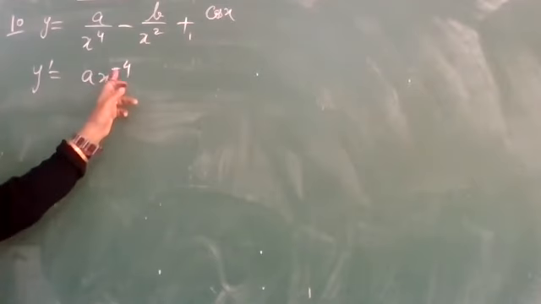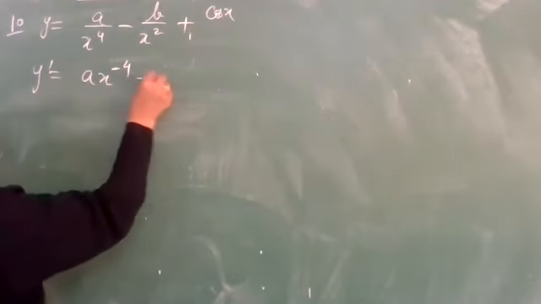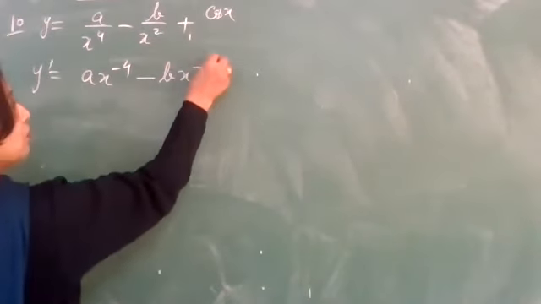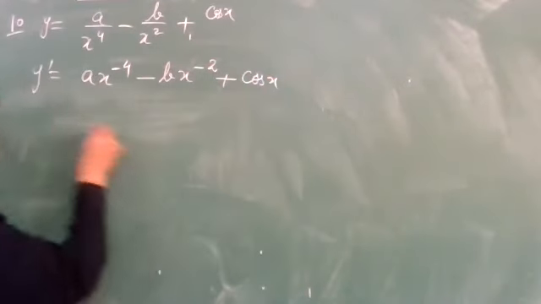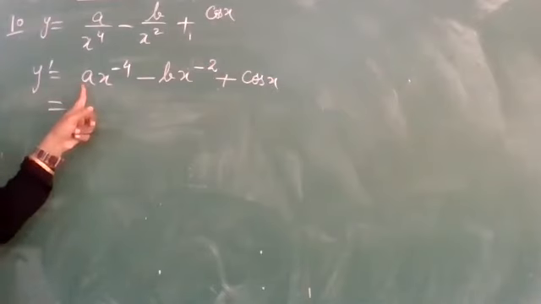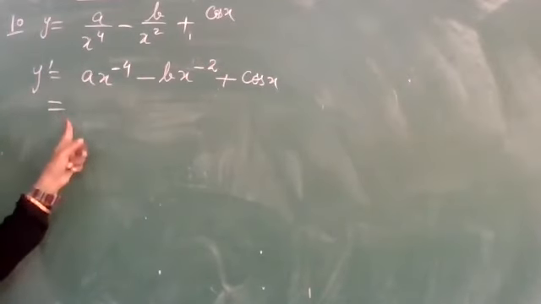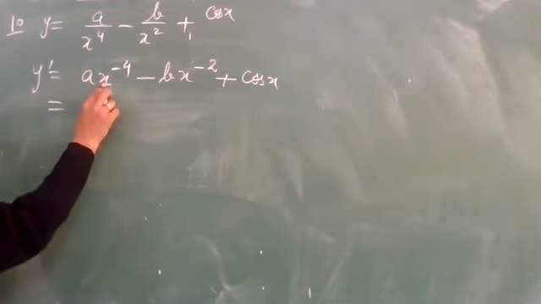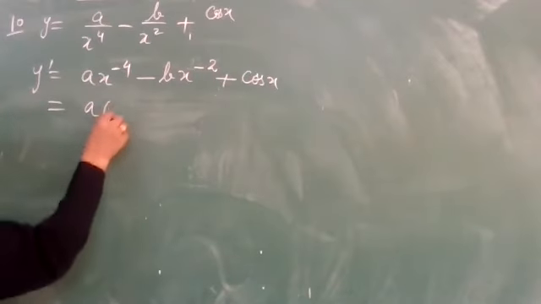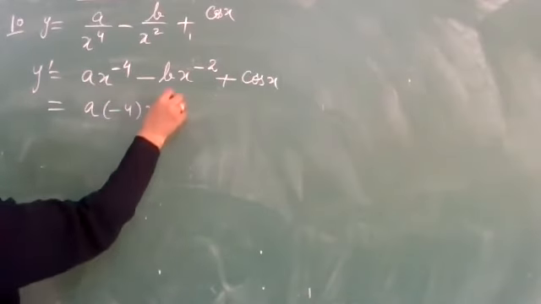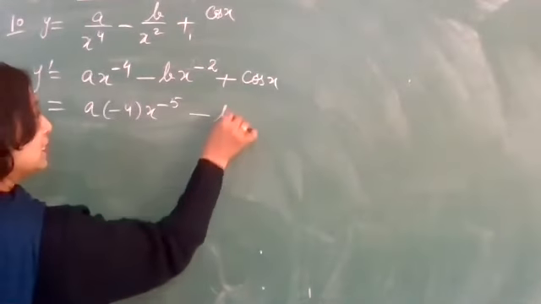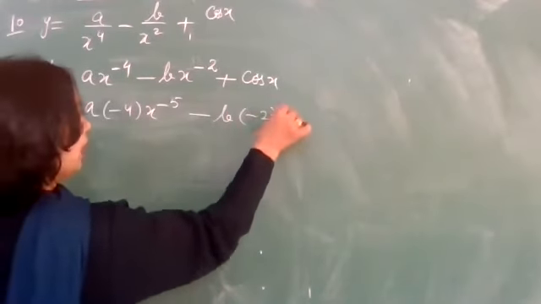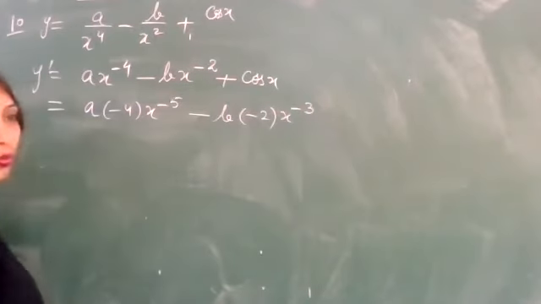We can write this as ax raised to the power minus 4 minus bx raised to the power minus 2 plus cos x. Now this is a constant with the variable, constant as it is, and x raised to the power n, n x raised to n minus 1. Similarly here, constant as it is, n x raised to n minus 1.